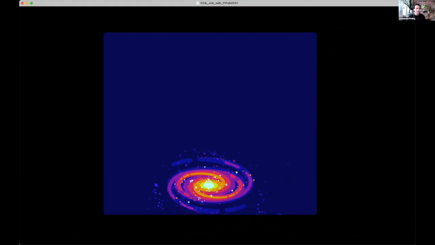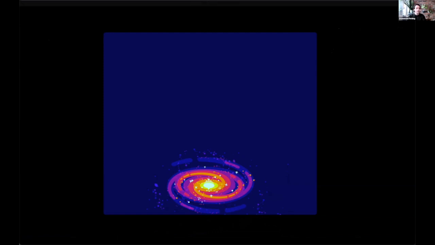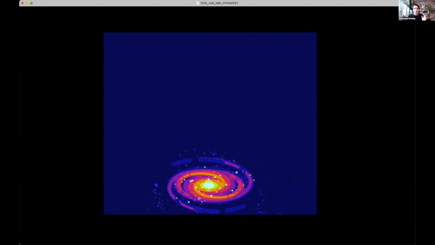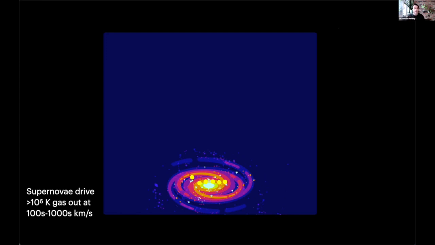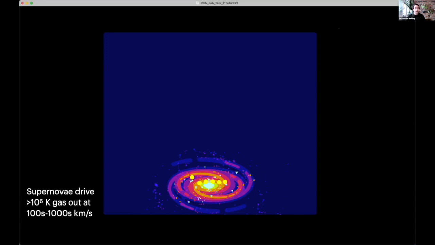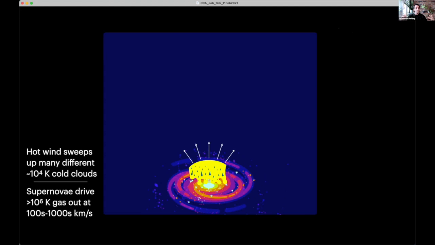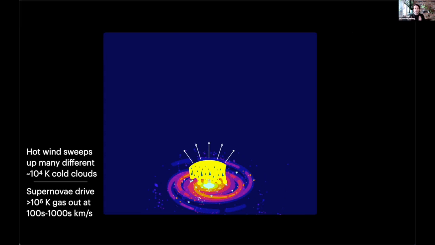So here's a galaxy, okay? And here's the way this process works. You have some supernovae go off, as we saw. Those supernovae heat gas up to millions of Kelvin, and it starts to accelerate this gas at hundreds to thousands of kilometers per second. As those supernovae begin to move through the galaxy, they're going to sweep up many different clouds of different sizes.